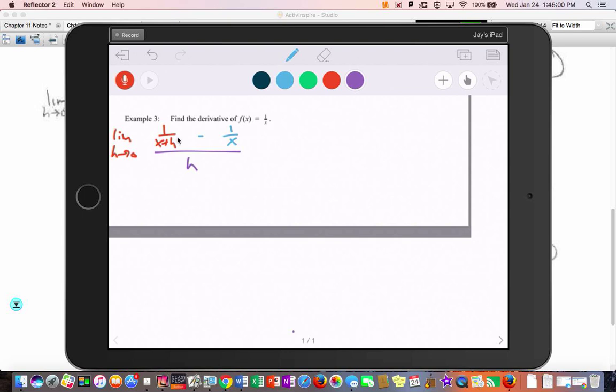So what I would like to do is up top here, get a common denominator. So I'm going to take this x right there, and put it on the top and the bottom over here. And I'm going to take this denominator and go x plus h over x plus h.